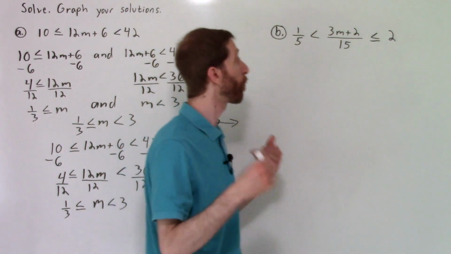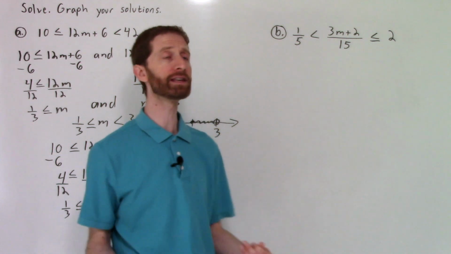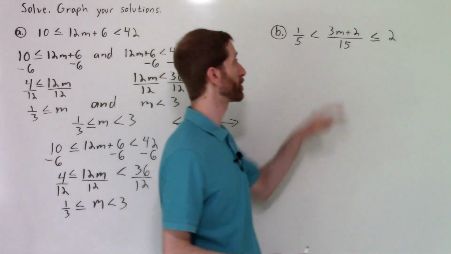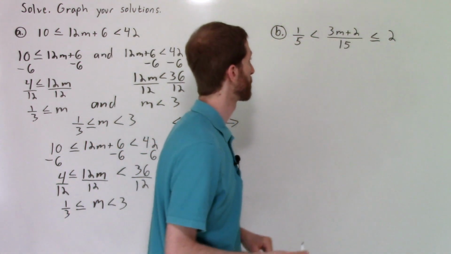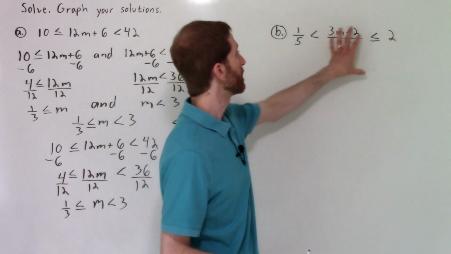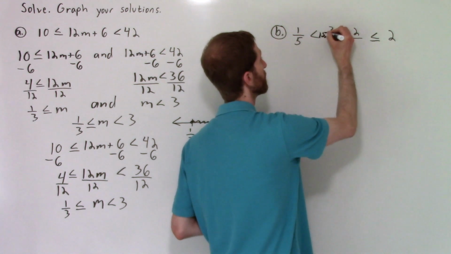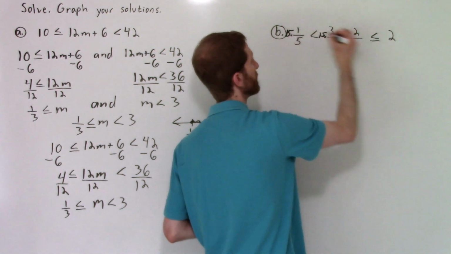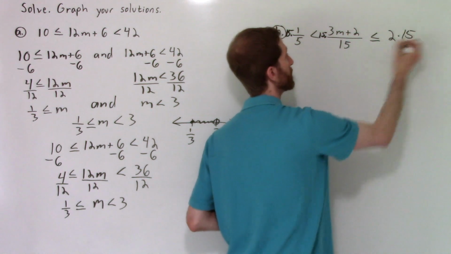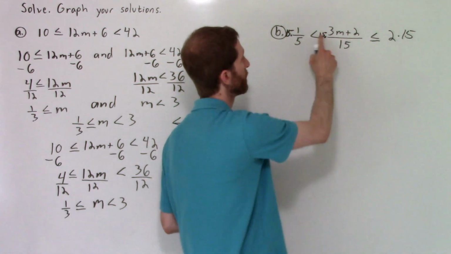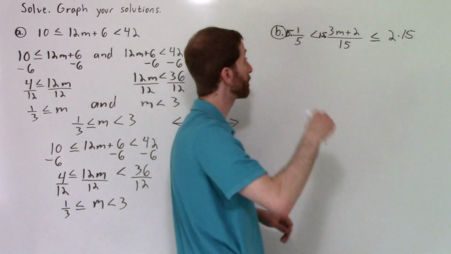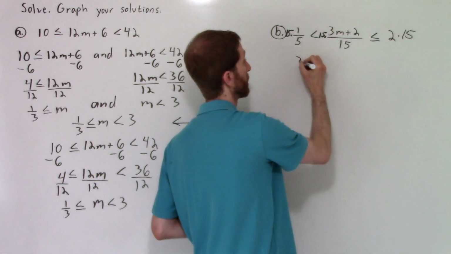Now I'm going to go over one more example in case you need to see that, and I'm going to use my preferred method, which would be to keep everything together like this. So I want to undo this and solve for m. I'll multiply everything by 15, because that's what I would do to undo division by 15. So the 15s divide out. A fifth of 15 is going to be equal to 3.